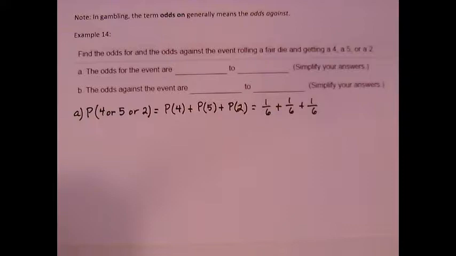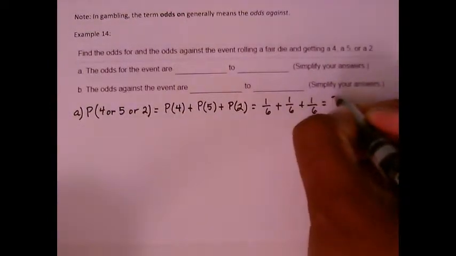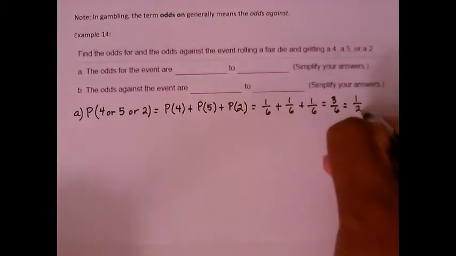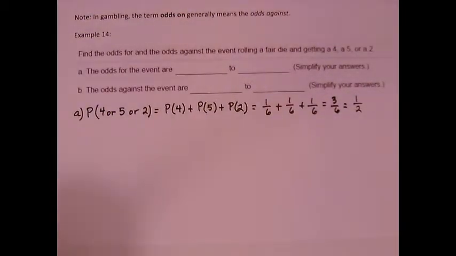And there's only one way to get a 2, so it's still 1 out of 6. Okay, so add 1/6, 1/6, and 1/6, you're going to get 3/6. Reduce that to simplest form, dividing the numerator and the denominator by 3, it will be 1/2. So the probability of getting a 4, a 5, or a 2 would be 1/2.